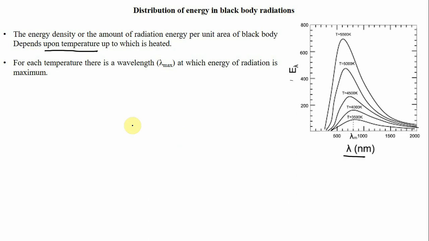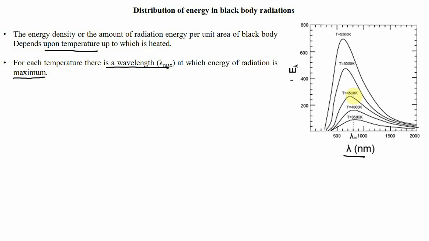The other point you can easily see from this energy distribution diagram is that there is a certain wavelength at which the energy of these radiations is maximum, and this is true for each temperature. For example, when the temperature is 3500 Kelvin, there is this wavelength, which is around 800 nanometer, at which energy density is maximum.